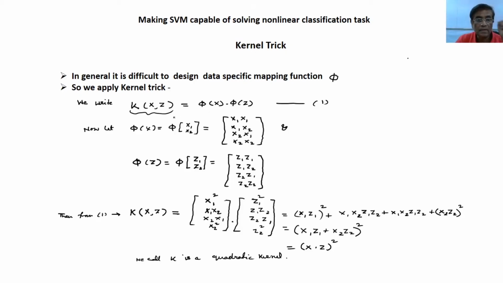Say I have this mapping function phi of x, 2 dimensional, a small example I have taken, x1, x2, okay, and this phi of z is actually 2 dimensional, phi of z1, z2, and this mapping is such that I am taking this to a feature space where I take all combinations: x1 into x1, x1 into x2, then x2 into x1, x2 into x2.